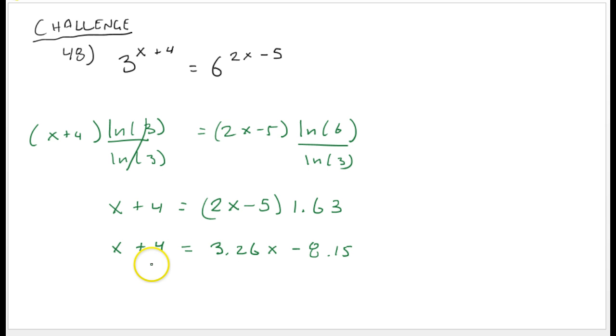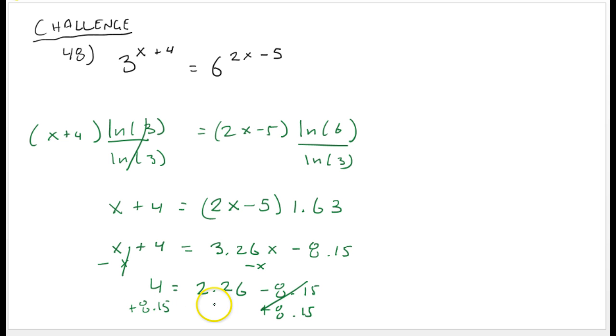I'm going to go ahead and subtract an x here. If I subtract an x there, this goes away. I'm left with 4 is equal to 2.26x, because I got rid of one x, or just one whole number, minus 8.15. I'm going to add 8.15 to both sides.